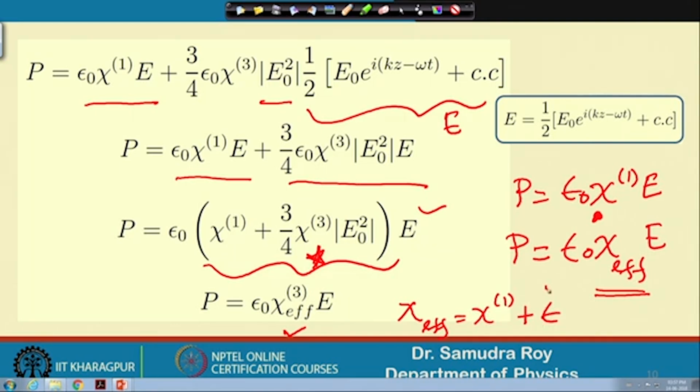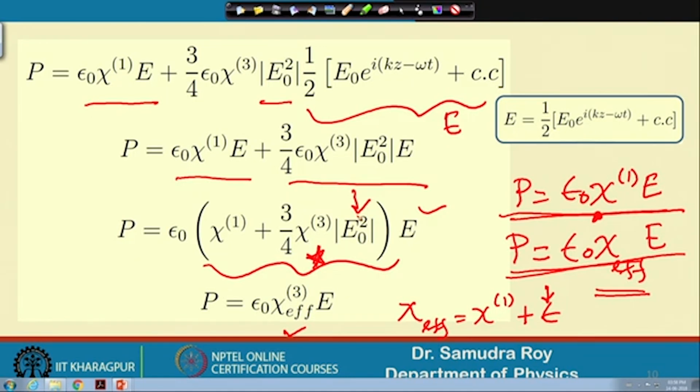So, this epsilon is now related to the third order nonlinear effect. So, the final thing is, now I write polarization exactly the way I have written it in the linear form. This looks linear, but this is not a linear form, because in chi effective we have the mod of E 0 square term, that is important.